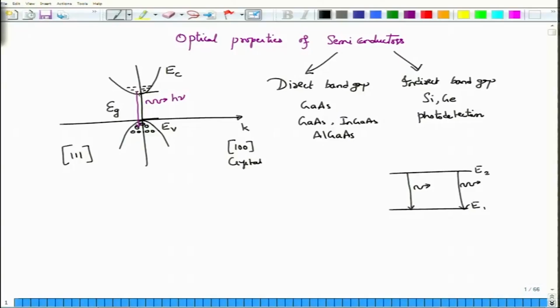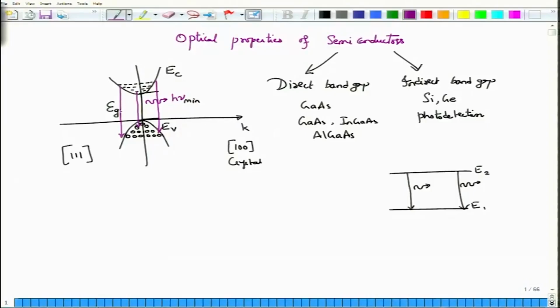So if photons are emitted from the bottom of the conduction band to just the top of the valence band, then their energy will be the minimum energy. However, electrons are also collected far away from the band edge, and there are holes which are also available. Therefore, a transition can happen at the band edge in this way, provided we satisfy certain conditions, which I am going to talk about now.